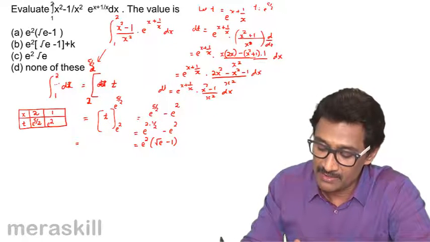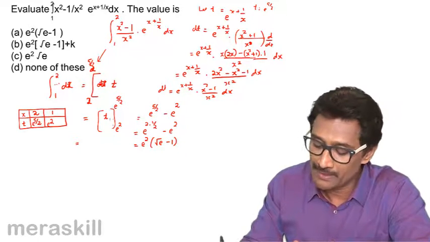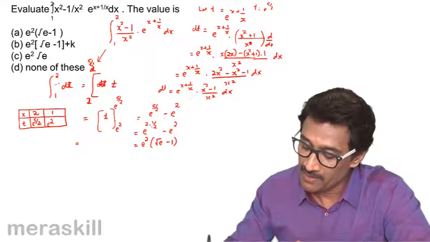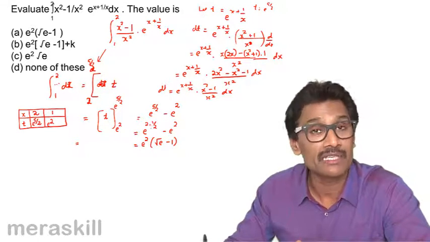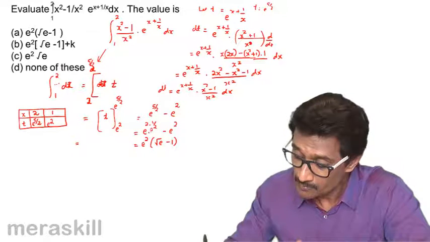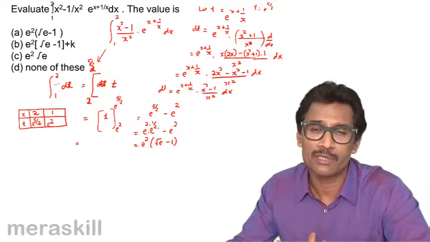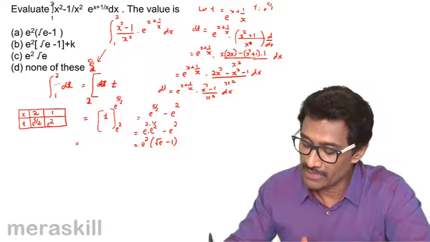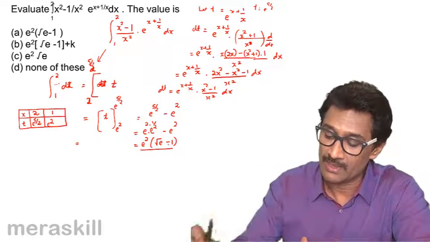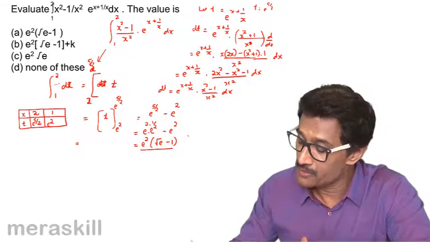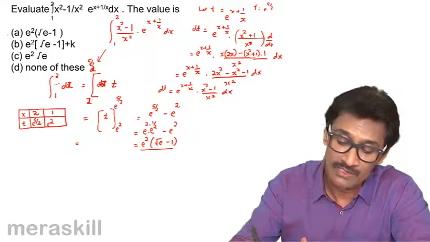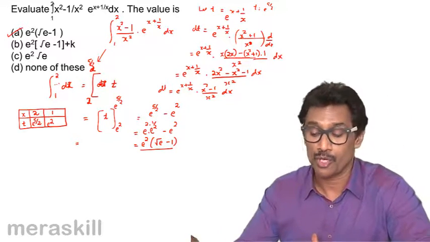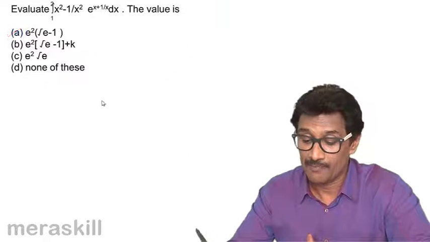So instead of t you put e raised to 5 by 2 minus e square. E raised to 5 by 2 is nothing but e raised to 2 into e raised to half, because it's e raised to 2 plus half. Take e square common and you get e square into root e minus 1, and there is no k in this case because it's a definite integral. So it's going to be option number A.